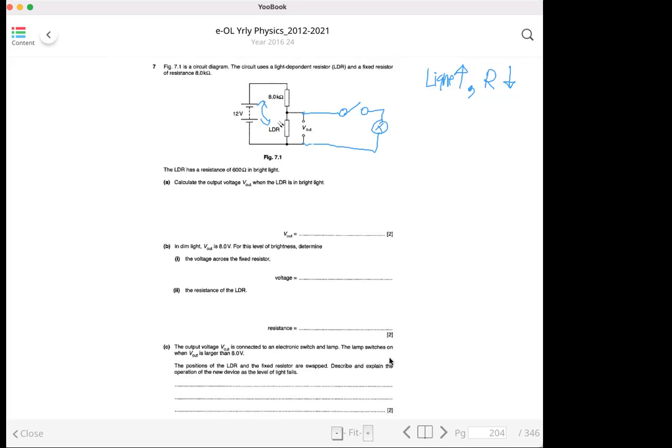Type help in the chat. Meeting, you give me the answer, then ask me for help.